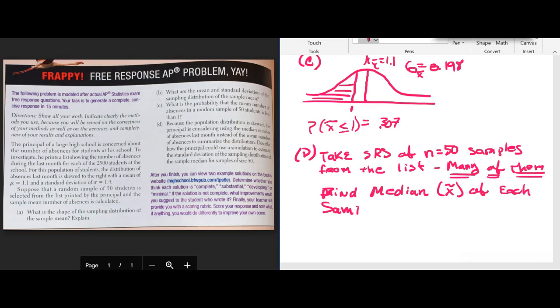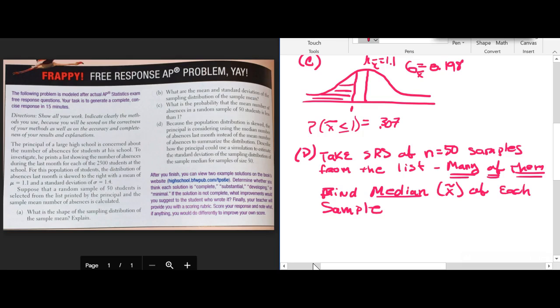X tilde is not like x bar. X bar is standard notation. I tend to use x tilde. There are other statisticians who use x tilde, but we're just going to let that be for the moment. So if you do that, just make sure you note that that's the median for each sample.